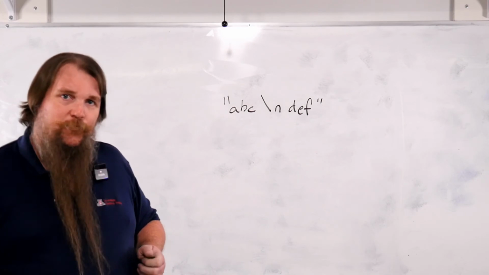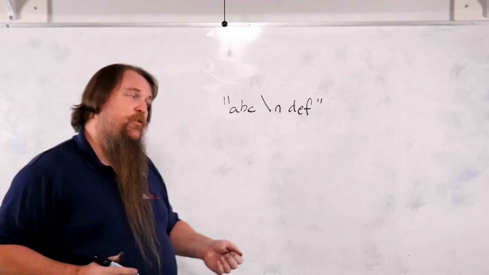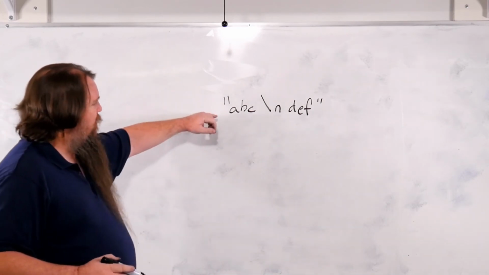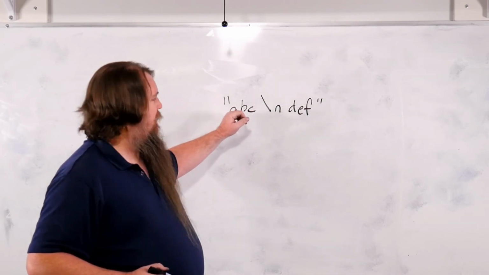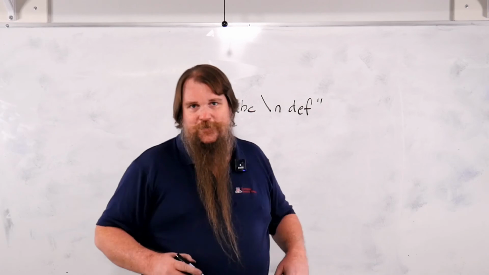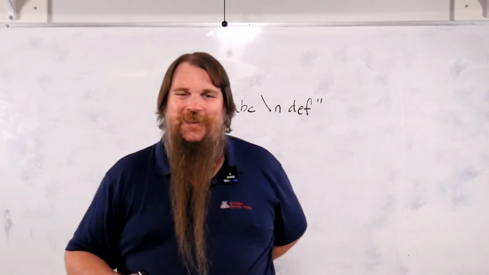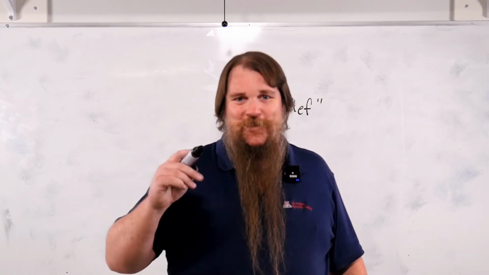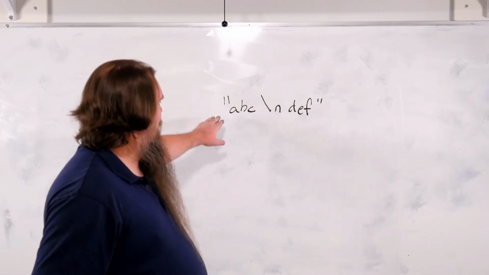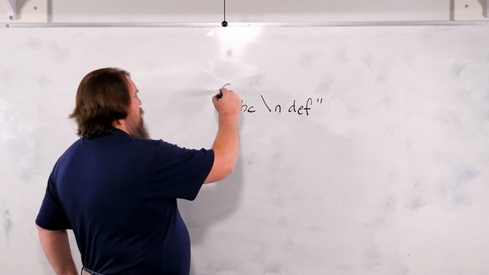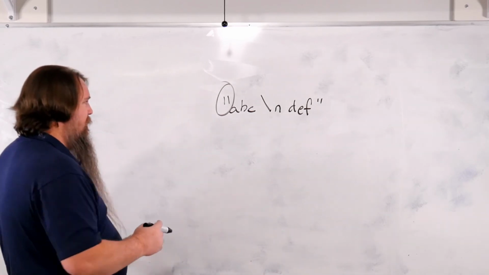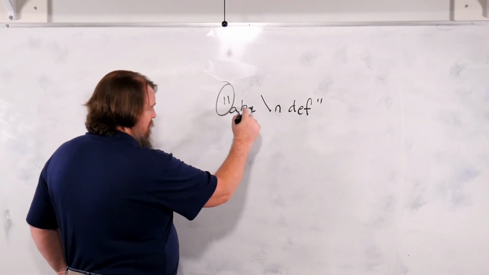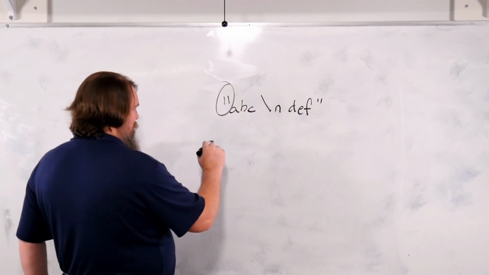For that, Python has triple quoted strings. So if you start with a single quote, you can start with a double quote character or an apostrophe character, right? We've got double quote, ABC, new line, DEF, double quote.